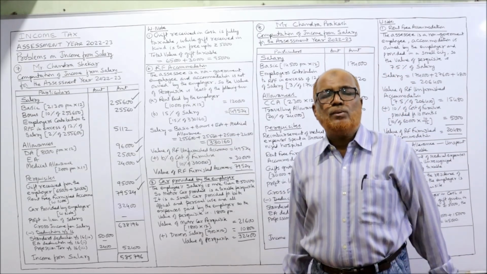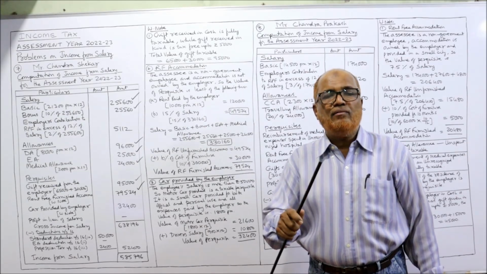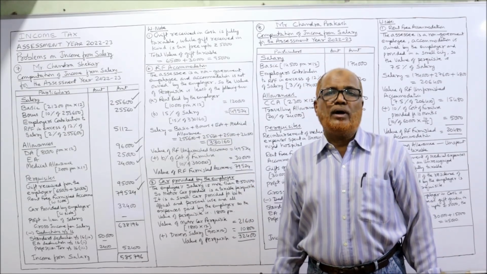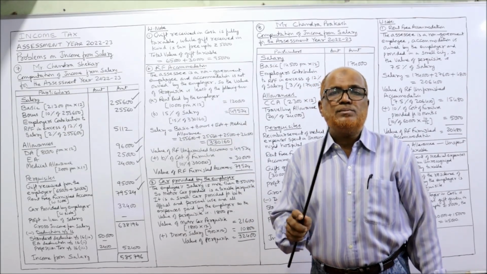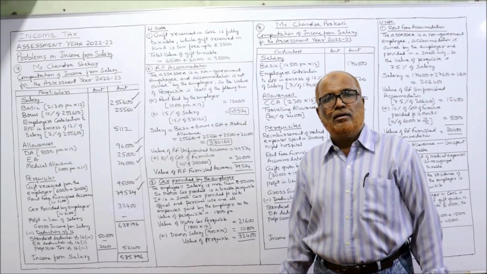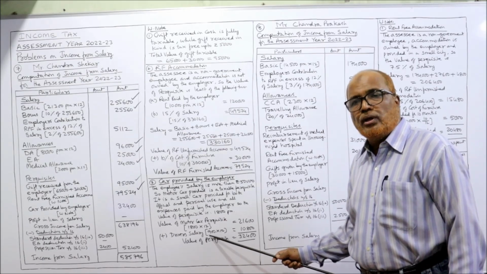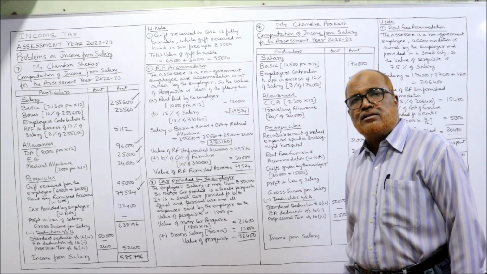A driver is also provided. So according to income tax rules, if a driver is also provided by the employer, then 900 rupees per month will be added to the value of the car. This again, 900 rupees, is specified by the income tax rules. So 900 into 12, 10,800.